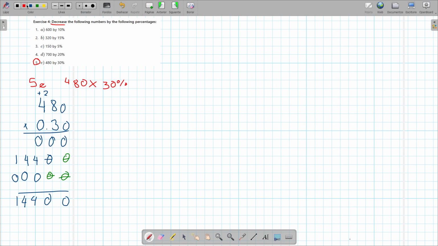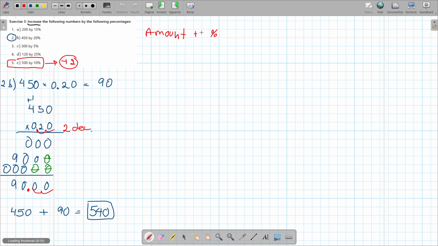How many decimals do we have? 2 decimals. So my answer is going to be 144. Okay, so I know that the 30% of 480 is 144, but when I'm decreasing something, I have to do the amount minus the percentage.